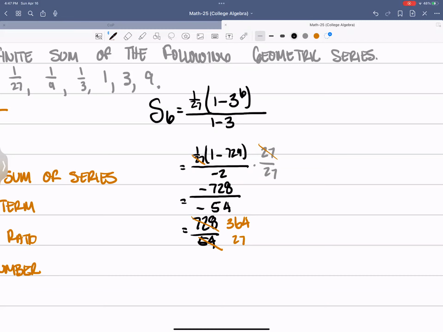So leaving us with the value 364 over 27.